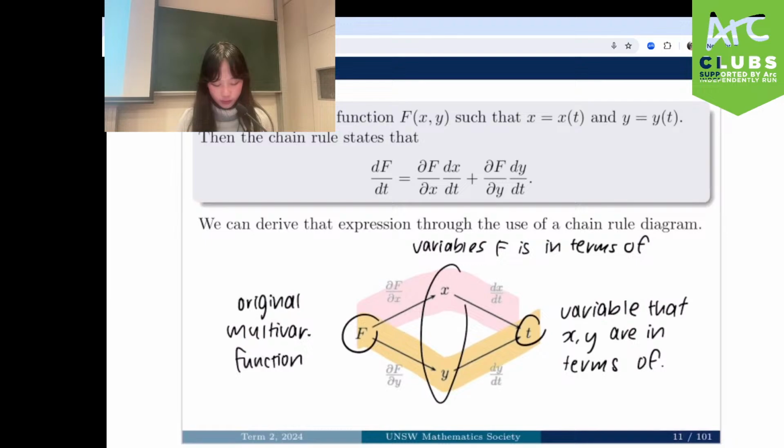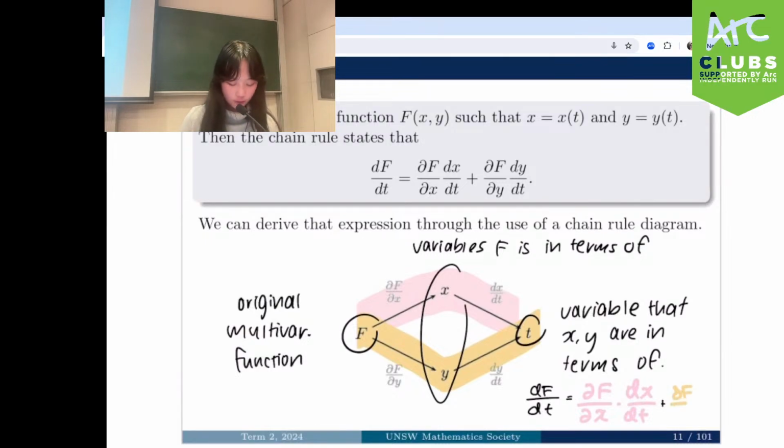So ultimately what we get is this, added to the thing in the orange. Okay, so it's kind of like taking different routes to get to the same place. Taking different pathways to get to the same place. Okay, so it looks like that.